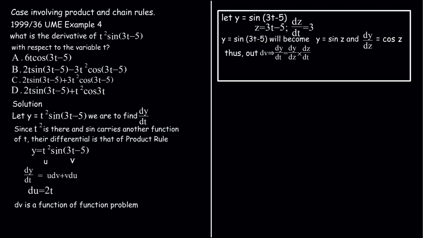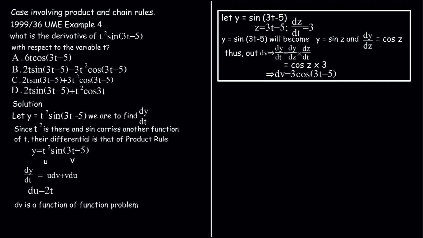Thus, dv, which is equal to dy over dt, will be equal to dy over dz times dz over dt. dy over dz is cos z and dz over dt is 3. So multiplying cos z times 3, we are left with 3 cos in bracket 3t minus 5 as our dv, because we are going to replace z with 3t minus 5 in the final equation.